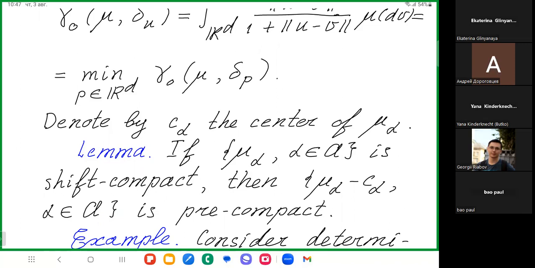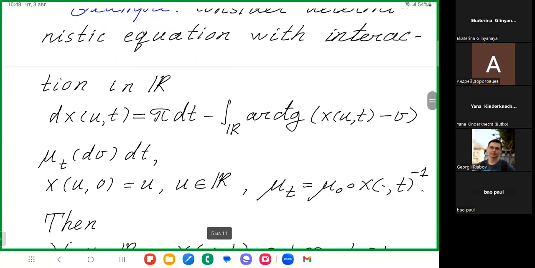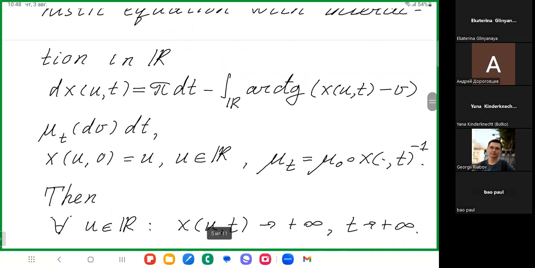Then we can use these centers of measures. Now consider a deterministic equation with interaction where such shift-compact families of measures arise naturally. Consider such a differential equation with interaction.